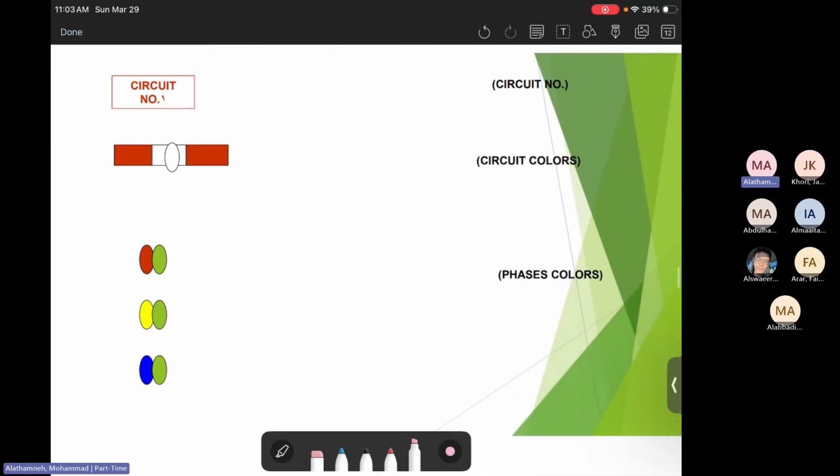So there should be a circuit number with it, circuit colors and phase colors, so we can know the sequence, if it is positive sequence or negative sequence, and the phase color, as an ID for the power lines.